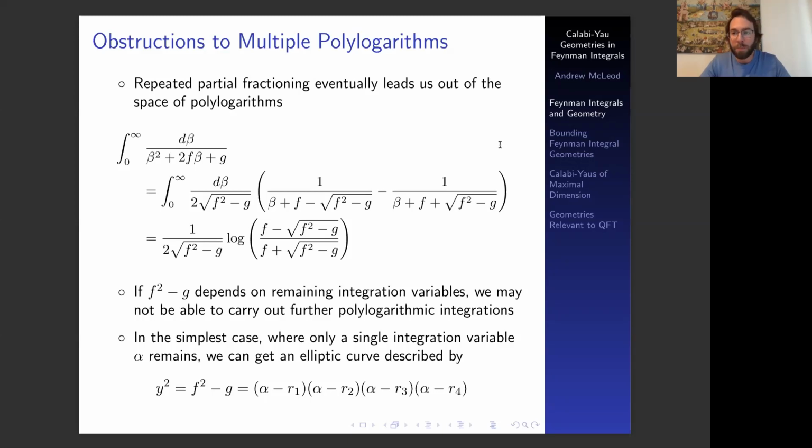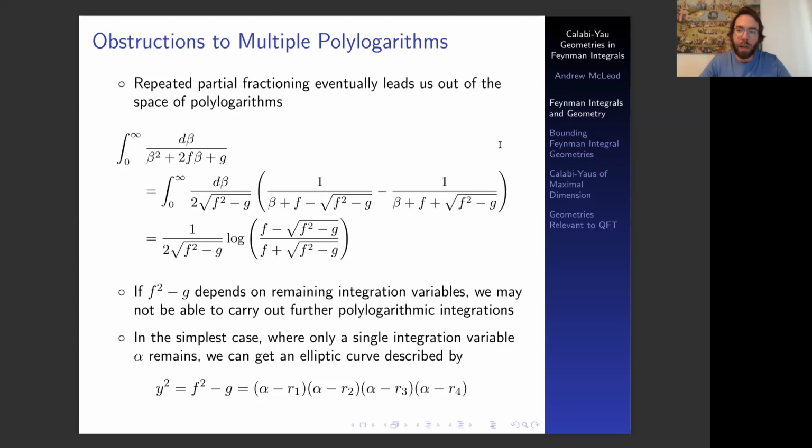So in very simple cases, we might be able to, like if we have repeated roots in these polynomials, we can pull them out, or if they're low degree, we can rationalize them potentially. But in cases where even only a single integration variable alpha remains and appears in a third or higher order polynomial, we can get things like elliptic curves appearing in the denominator in this way.